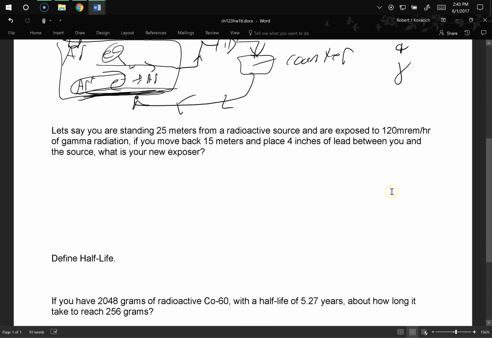All right, so I got something. And then I got a person. And 120 here. They move back 15 meters. So this is 25, and this is another 15.